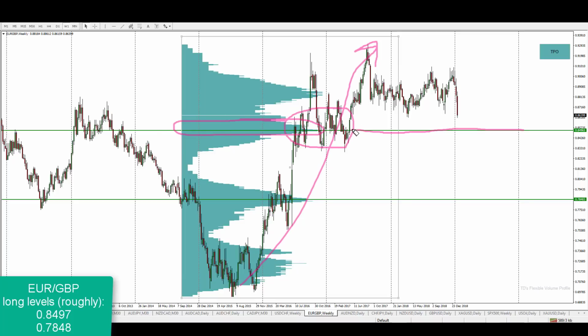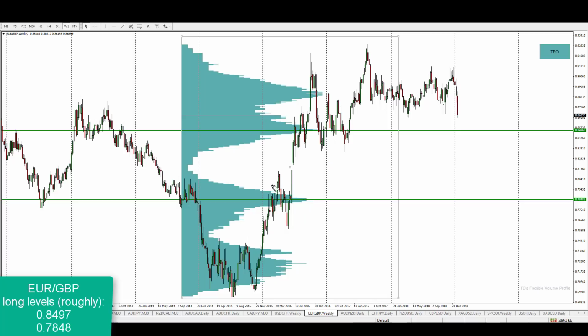And as you can see, this is also a place where there was another strong initiative from the buyers. So I think this is a pretty significant level, because a lot of buyers were most likely adding to their positions there. And I think when the price hits this level again, it's very likely that it will be a strong reversal point, and that the price will react to this level, and we can expect a pretty strong reaction.